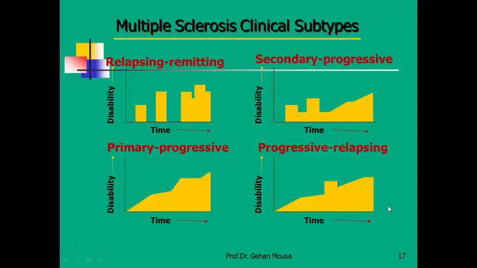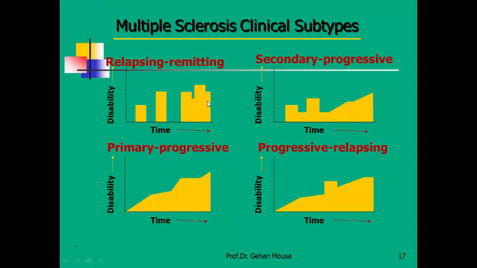These are the common forms or subtypes of MS: relapsing and remitting. The first attack, then the second attack occurs more than the first.